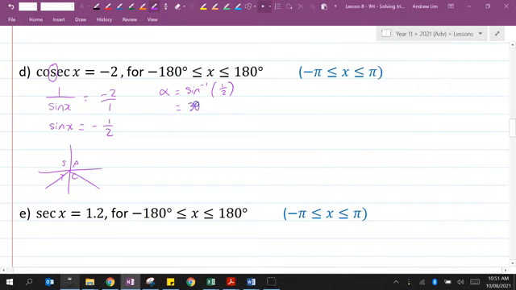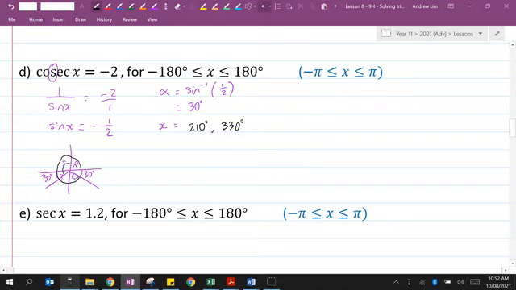So I know the reference angle is 30 degrees, so this is going to be 30 here, and this is going to be 30 over here. So what is x actually equal to? Well, x is equal to 180 plus 30, 210 degrees, and technically 360 minus the 30, which is 330 degrees.